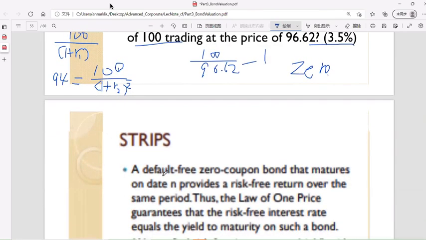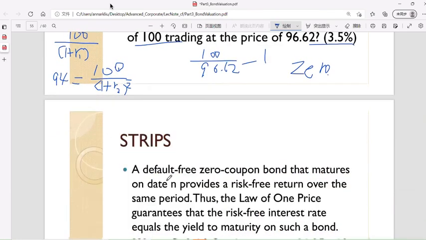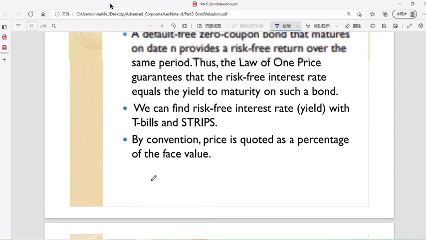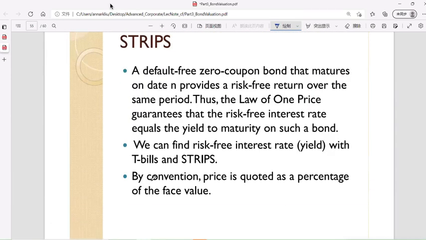All right. So how is that related to strips? We will see that in a minute. But let me tell you what a strip is. A strip is the default free zero coupon bond. It's a treasury that matures on a date and provides a risk-free return over the same period.